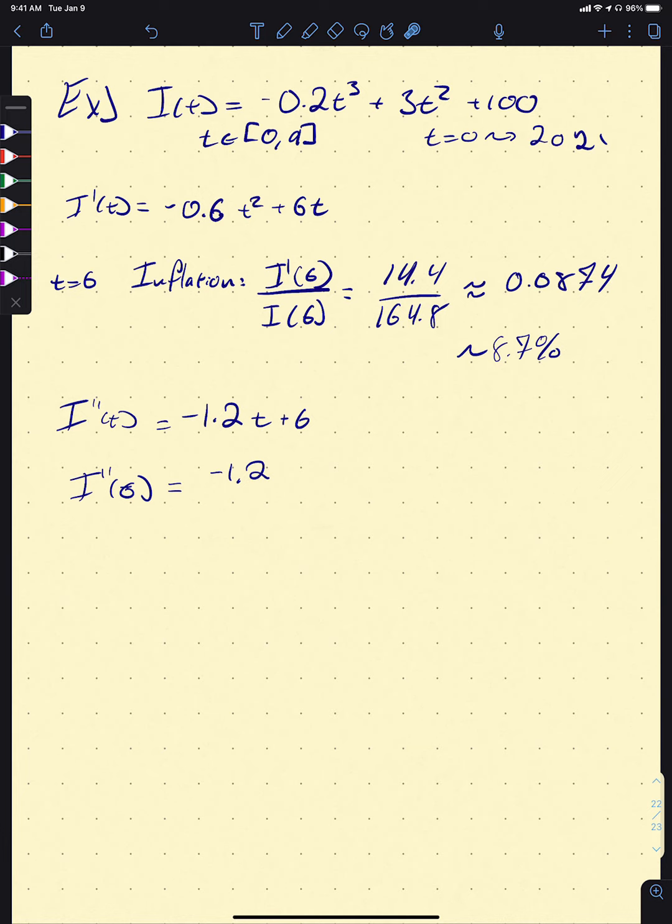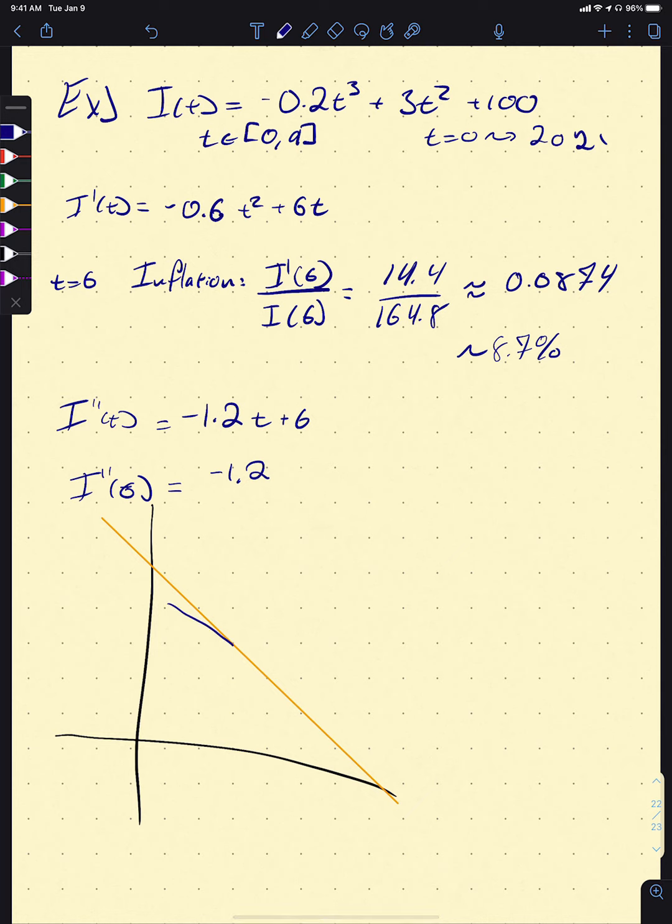However, we also know that I prime is decreasing, because its derivative is negative. If its rate of change at a point is negative, the only way for this to be the case is if around that area it's decreasing.